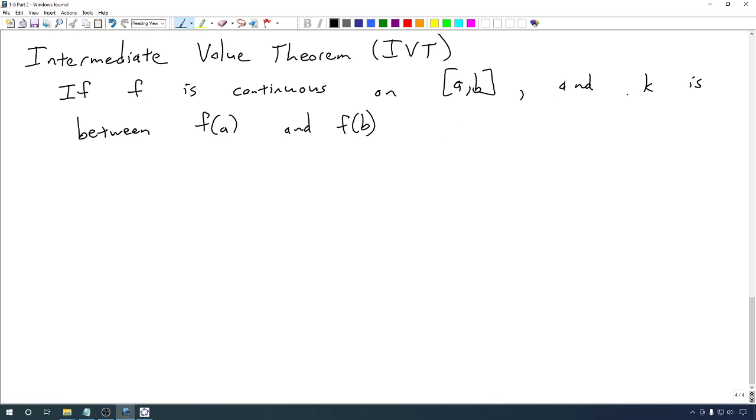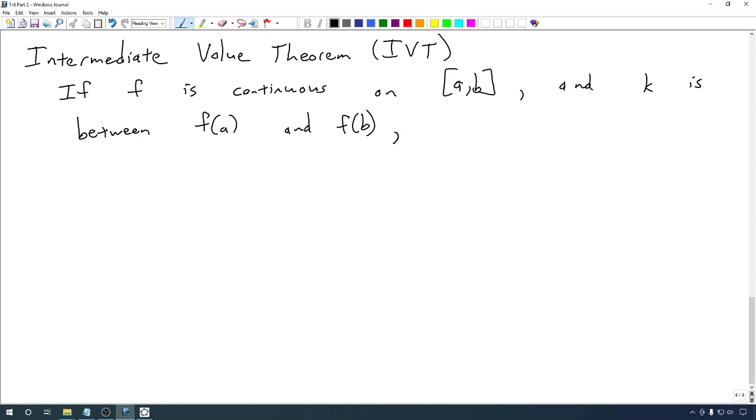We just care that K is some number between them. So it might be that f of A is less than K, which is less than f of B, or it could be that f of B is less than K, which is less than f of A. Just K needs to be between them in whatever order they are.